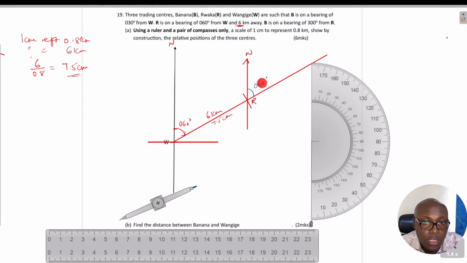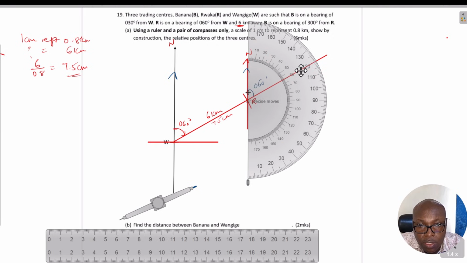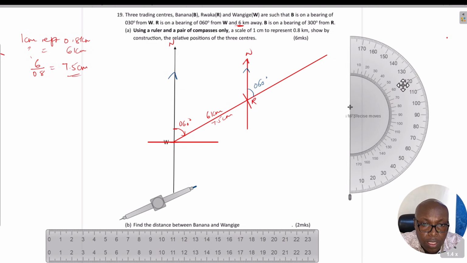So when you transfer this angle, when you ensure that this angle is 60 degrees, and this one is 60, then automatically this line will be parallel to this, and I have to indicate this, that this should be parallel to that. So mine is correctly drawn. I can just confirm that this is actually 60. As you can see, it is 60 degrees. You can see there is 60.